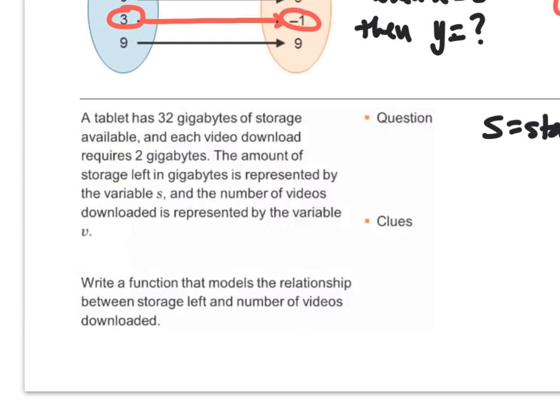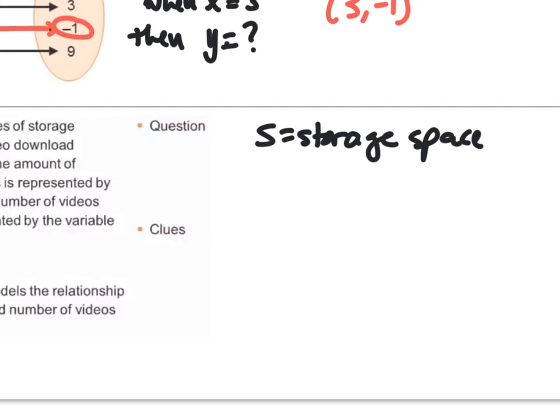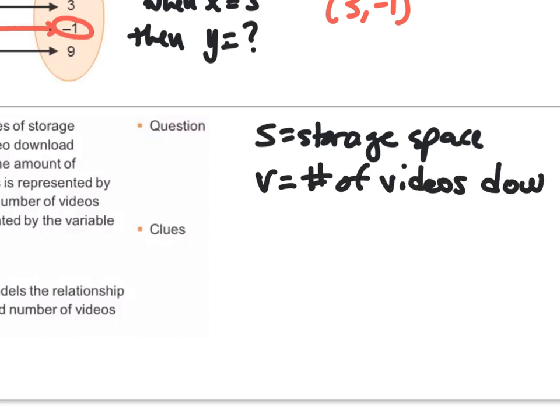And the number of videos downloaded is represented by the variable v. So s equals storage space, and v is equal to the number of videos downloaded.